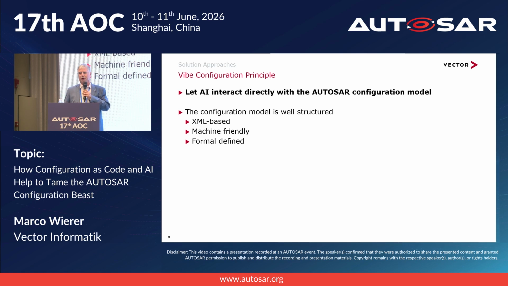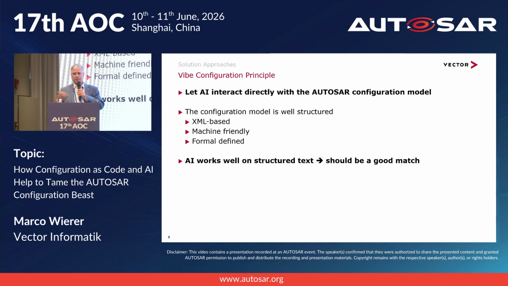The AutoSAR configuration model is well structured. It's XML based, so it's machine readable, machine friendly, and it follows a very strict format. Therefore, AI works very well on structured text, so therefore it should be a really good match.